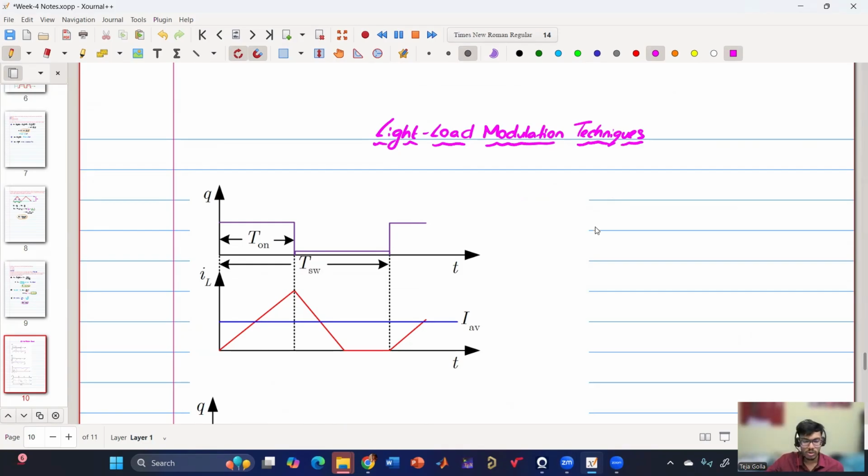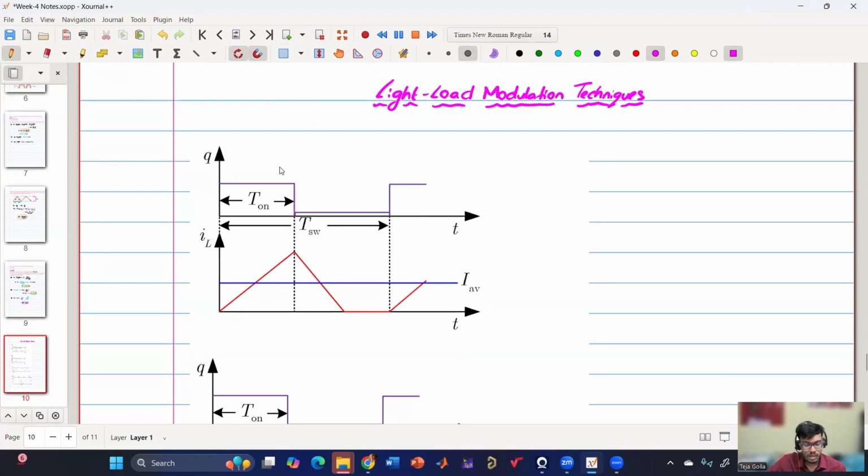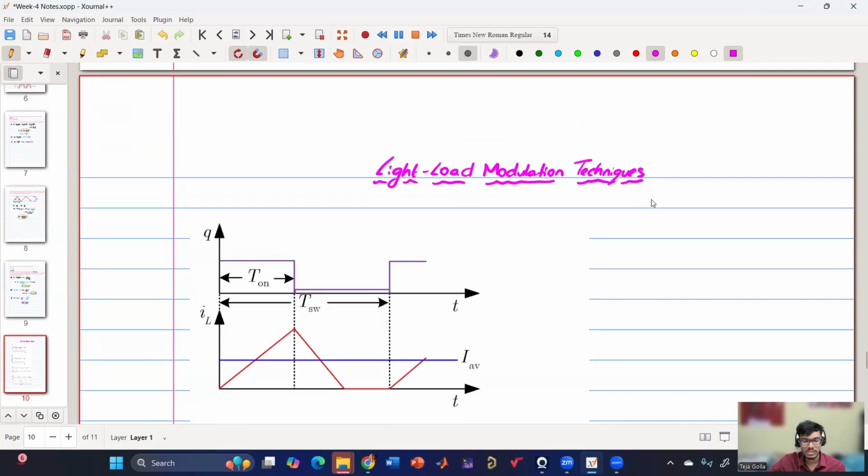So the issue with the converter at light load is that the losses will increase if we operate in CCM.